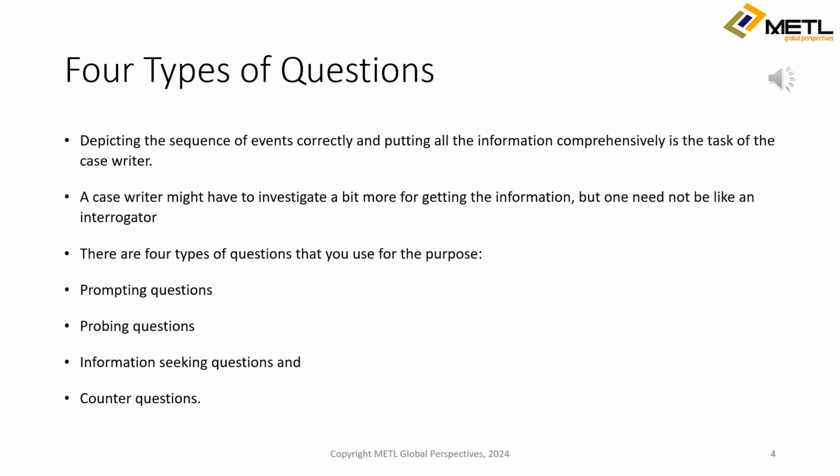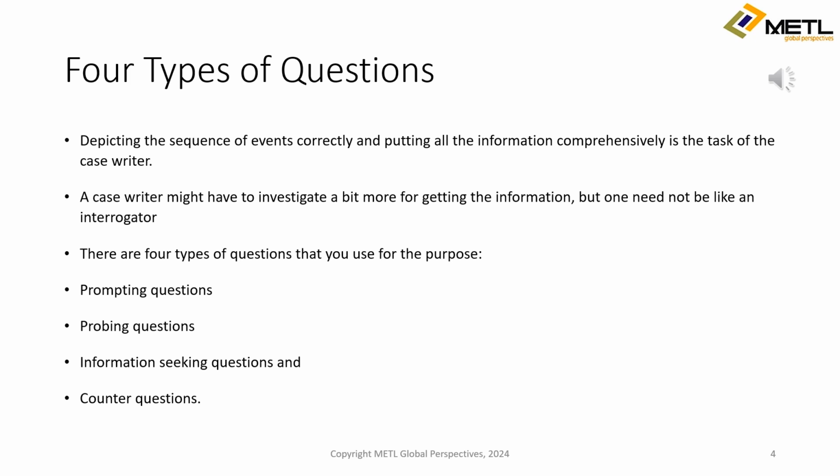Four types of questions. Depicting the sequence of events correctly and putting all information comprehensively is the task of the case writer. The case writer might have to investigate a bit more to get the information, but one need not be like an interrogator. It can be a little bit of investigation, but definitely not interrogation.